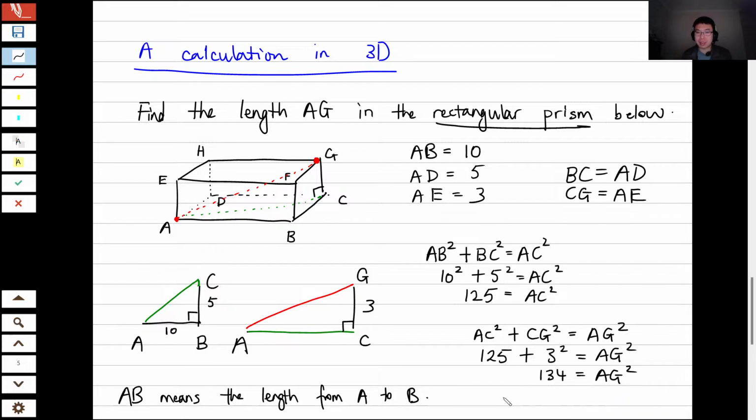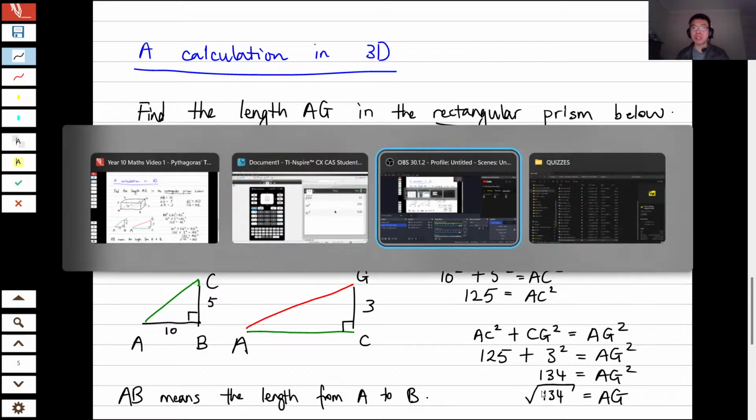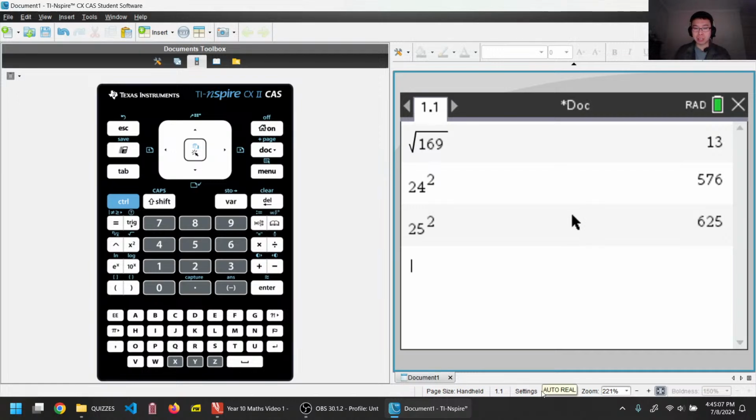Which means AG equals the square root of 134. Remember, to go from a number squared back to the original number, the operation that I need to do is called the square root. 134 is not one of those numbers that gives me a nice whole number when I take the square root, so we will need to use a calculator here.